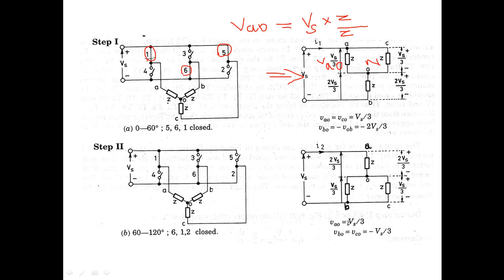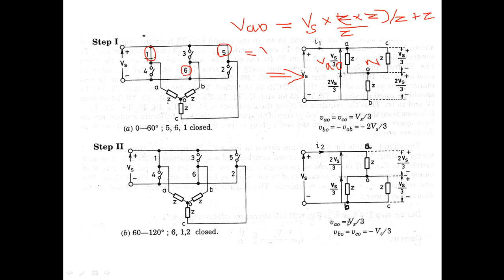This will be two parallel impedances, that is Z into Z divided by Z plus Z, that is Z square by 2Z.